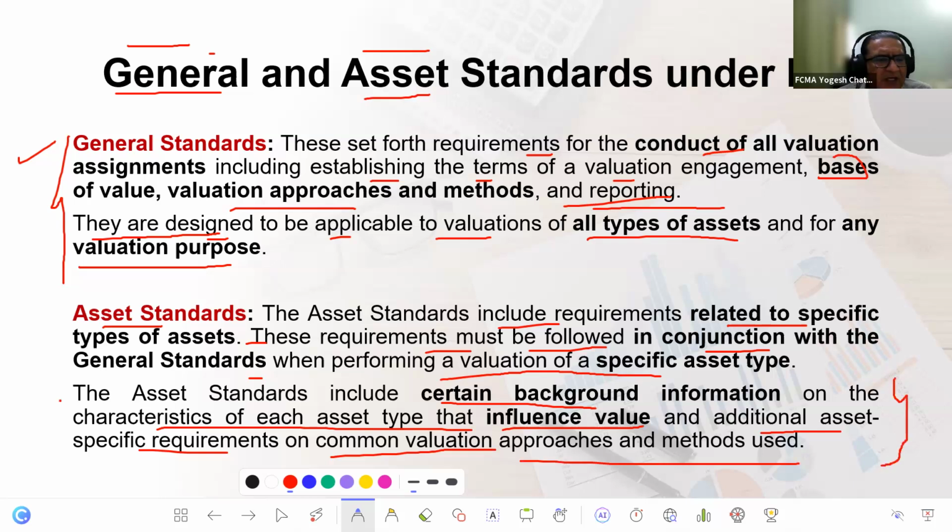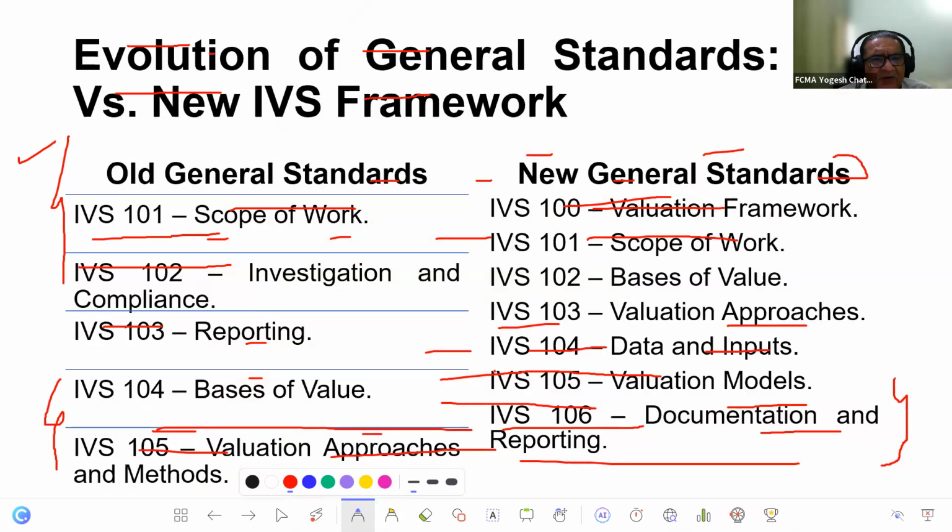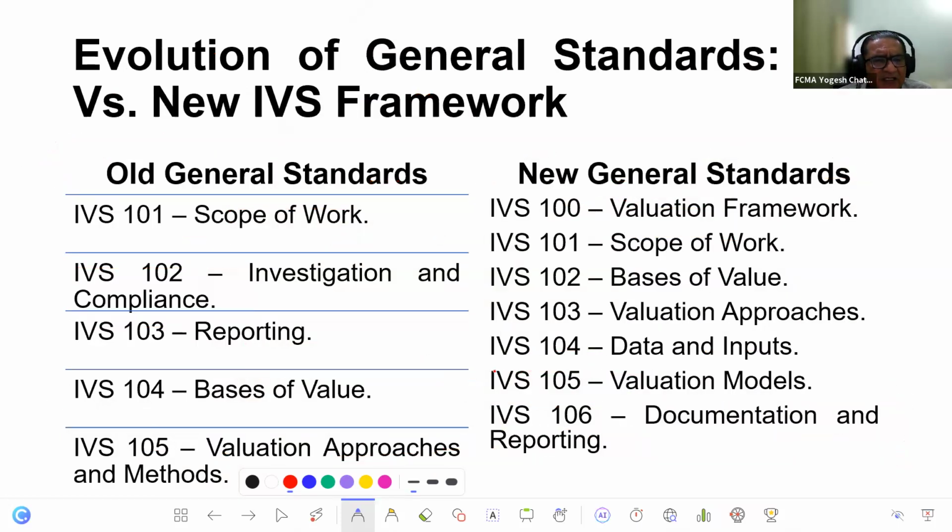So apart from the guidance provided in the general standard, the asset standard will provide us guidance on additional asset specific requirements. If we are doing a valuation of a financial instrument, inventory, intangible asset, business or business interest, the additional asset specific requirements we can get from the asset standard. So that is the brief about the general standard and the asset standard.